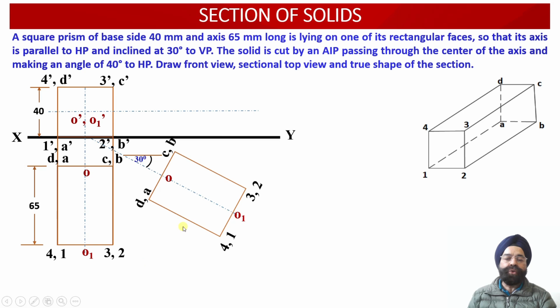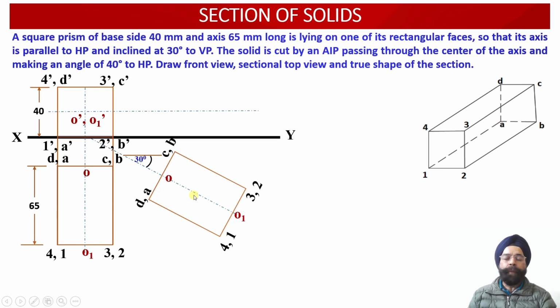So this way, using the principle of rectilinear distances, we have transferred the plan projection view of the square prism, when its axis was perpendicular to the vertical plane, into the new orientation where the axis is parallel to the horizontal plane and inclined to the vertical plane at an angle of 30 degrees.